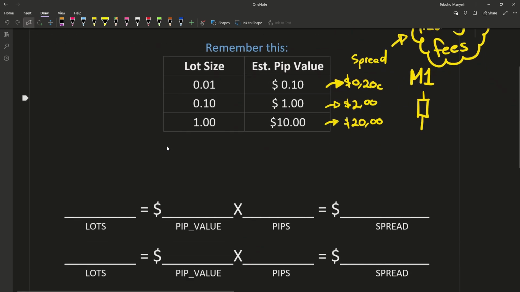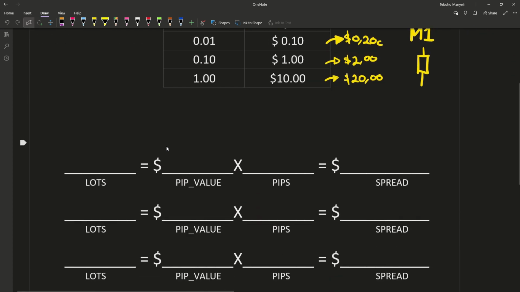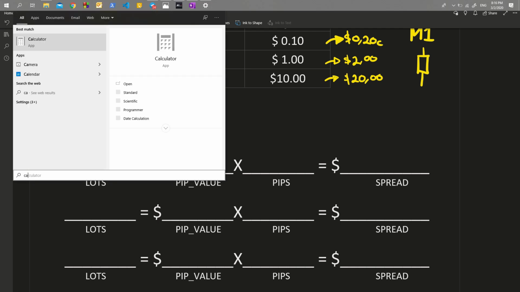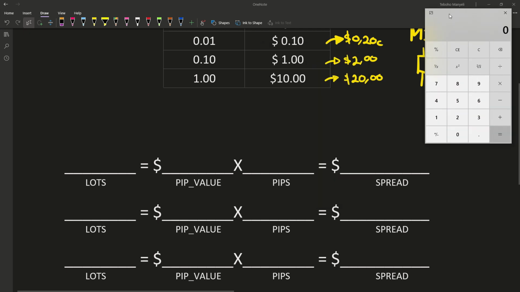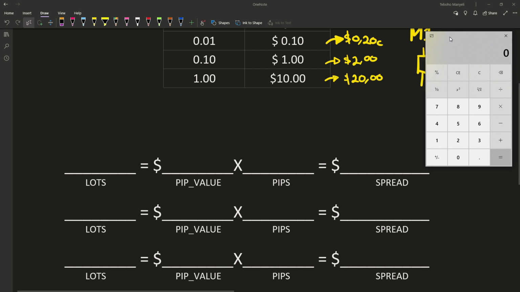So I want us to take more examples and be a lot more practical. So I'm just going to get my calculator real quick. There we go, we have got the calculator.